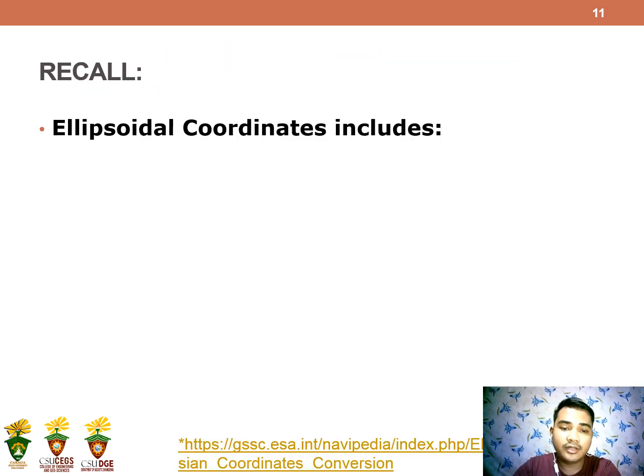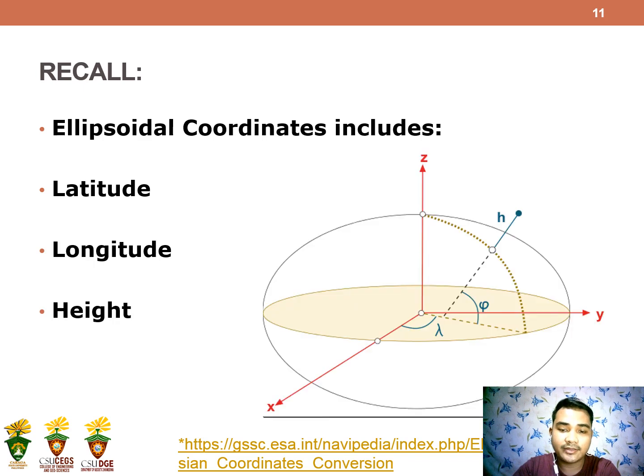Let us all recall that the ellipsoidal coordinates include the latitude, longitude, and the height. From this figure, latitude is from the equator going to the parallel of the place you want to locate, or the point that you are going to locate.